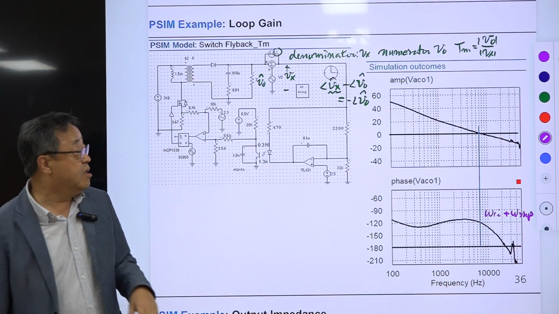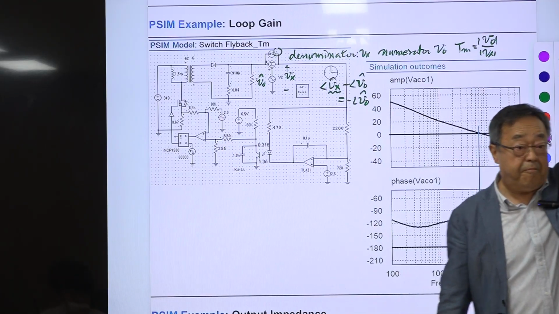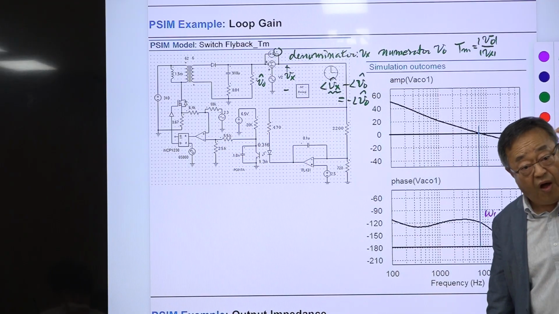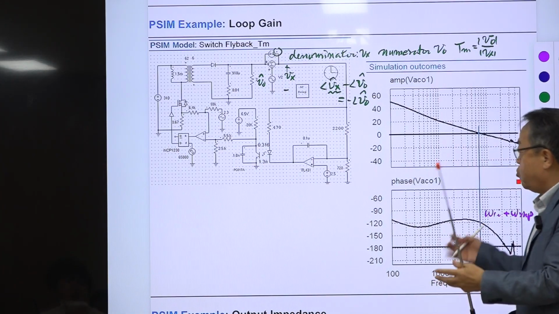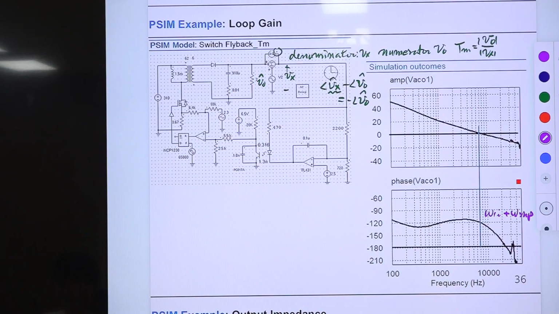Okay, this is not a double pole. If there were a double pole, the phase would drop immediately by 180 degrees. But these are two single poles. So the slope is minus 45 degrees plus minus 45 degrees, another minus 45 degrees. Then this decaying slope should be minus 90 degrees per decade. Okay, so the slope is very similar to that.